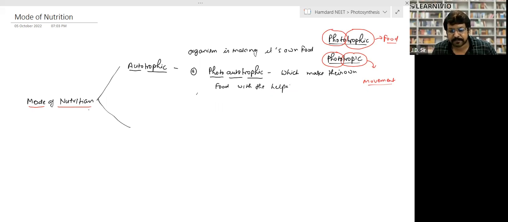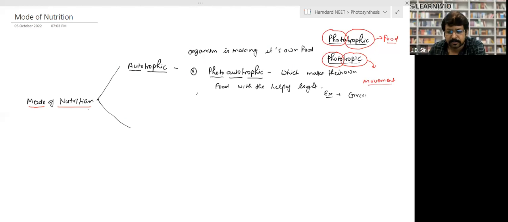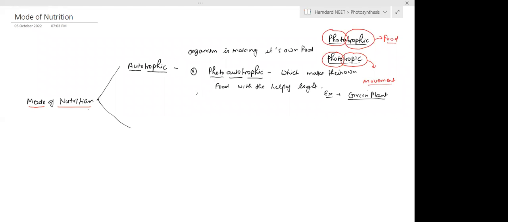Example, photoautotrophic, which makes their own food with the help of light. Who are those? Example, plants. Green plants. All green plants make their own food with the help of light. Isn't that correct? Correct? I guess so. Yeah.